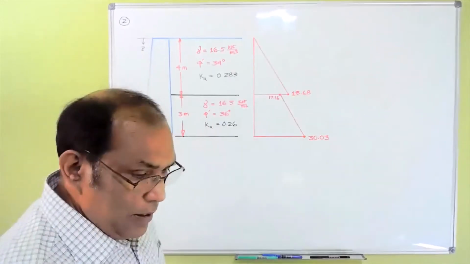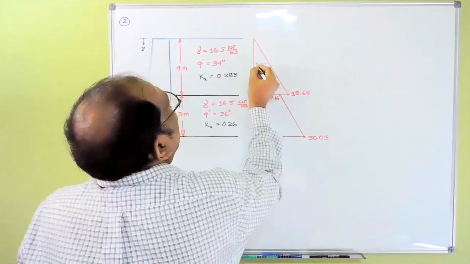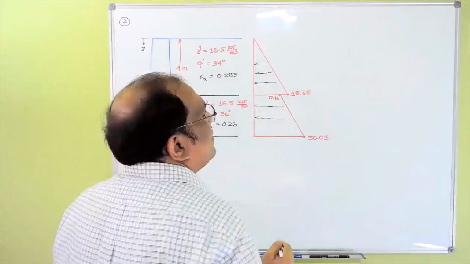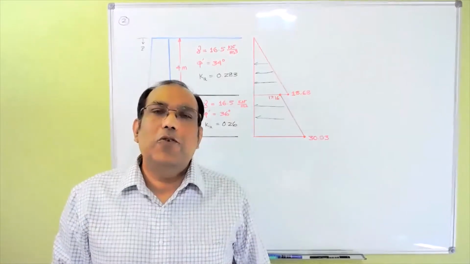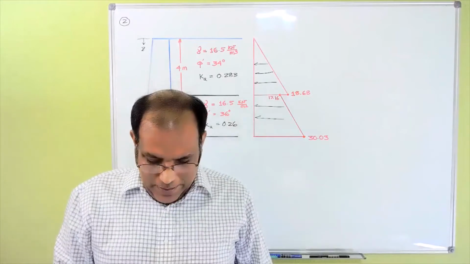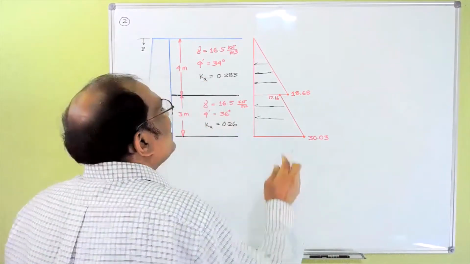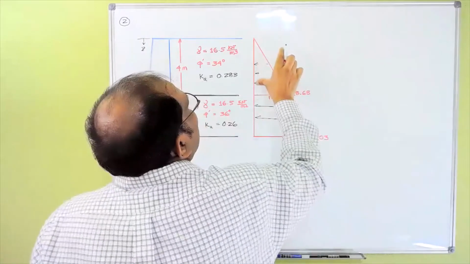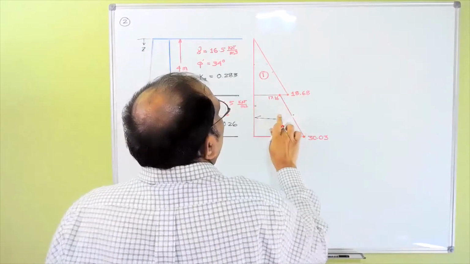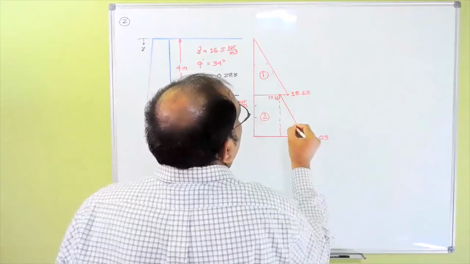So the pressure is working in this direction, right? So total force would be equal to the area of the horizontal loading diagram. To do that, I'm going to make 3 areas here. Let's say this is my area 1, this is area 2, and this is area 3.